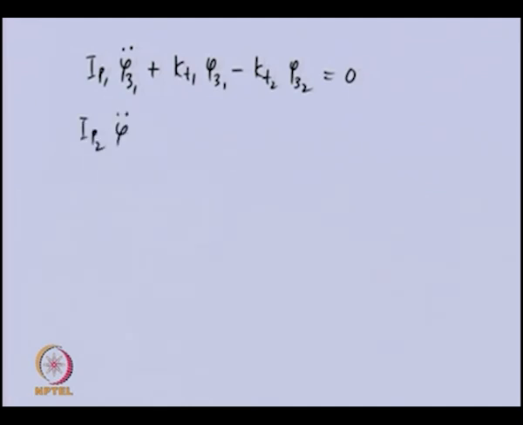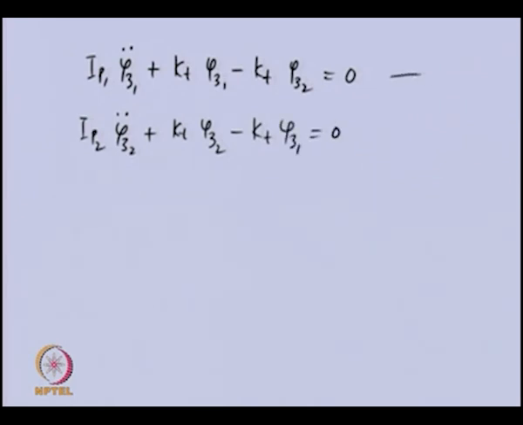The second equation is KT only, KT1 is not there, phi z2 minus phi z1, this is KT only, the same, only a single shaft is there.